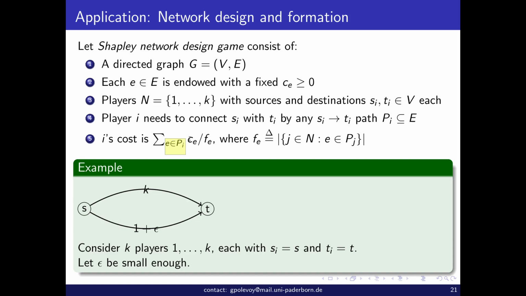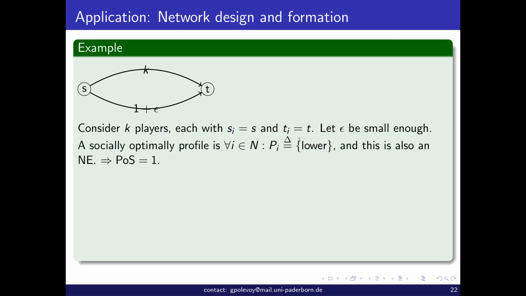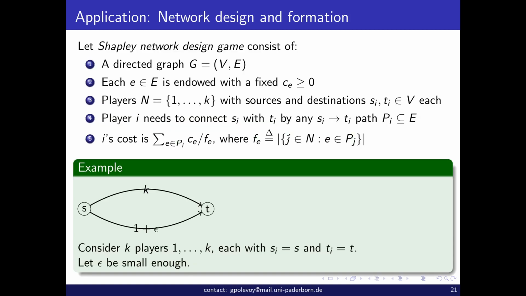And what is that fair share? It's simply her share of the total cost, so c_e divided by f_e, where f_e is the number of players using that edge. Formally, f_e is the cardinality of the set of all the players j whose path contains that edge.